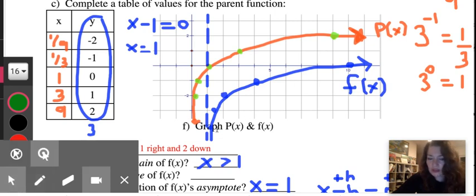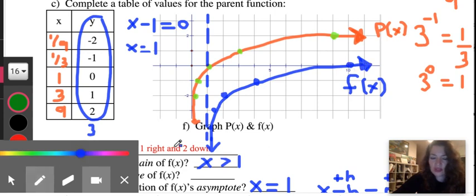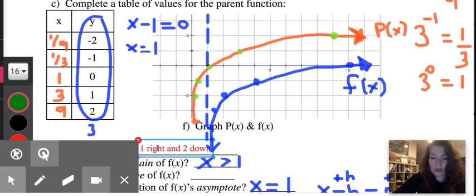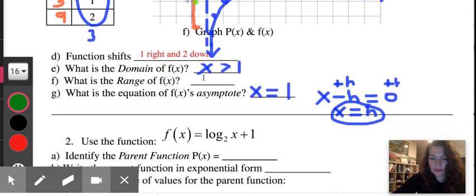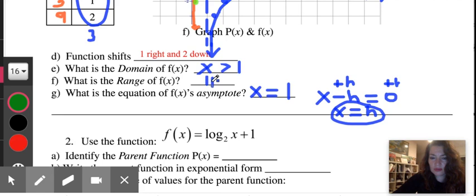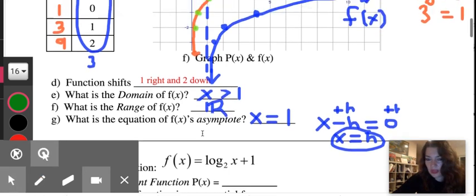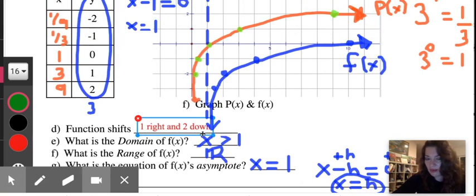Now, if you look at the graph, it continuously goes downwards forever, and it also goes upwards forever. So there's no restriction on the range. So we will say for the range that we have all real numbers. So all real numbers for the range. And this is how we can graph the log function.